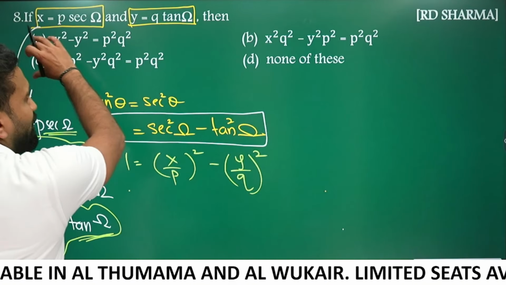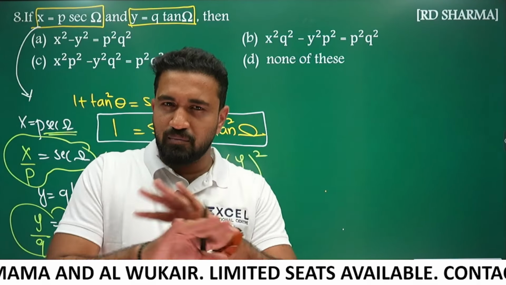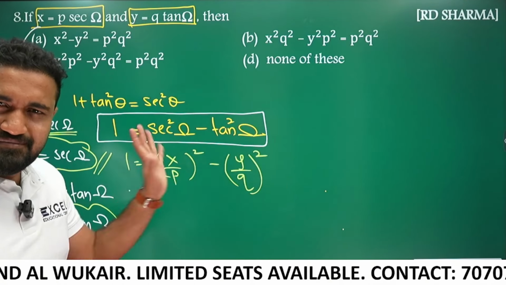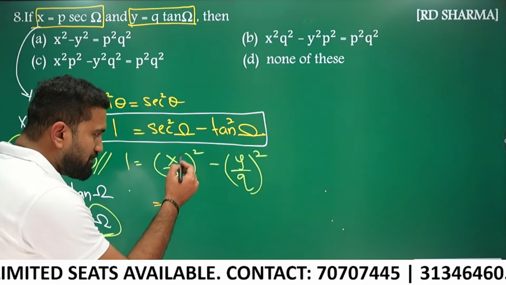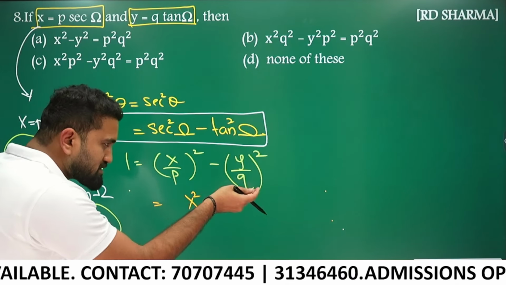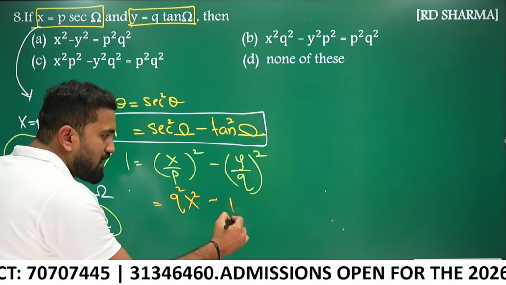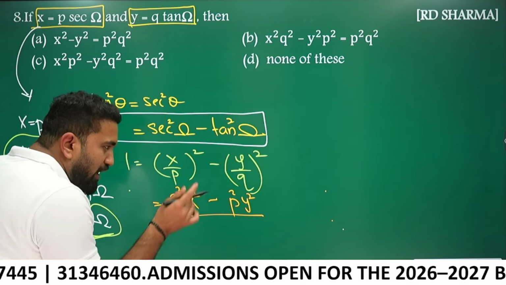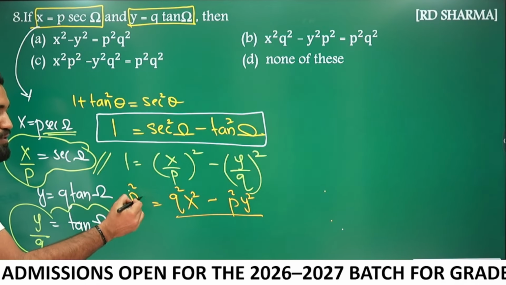But in all the options you see, there is no denominator part, only numerator part is there, which means you are supposed to simplify this. How? This will become x square by p square minus y square by q square. Cross multiplying, so that this will become q square x square minus p square y square divided by p square q square, which I am taking here, so that this will become p square q square into 1.